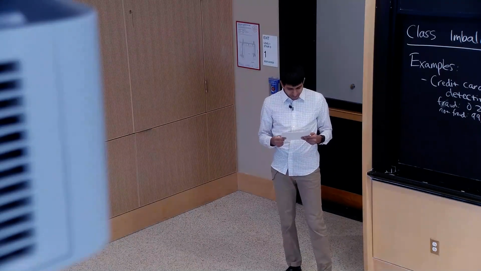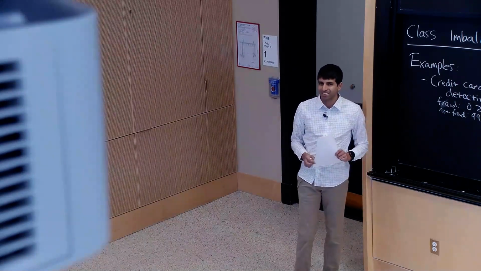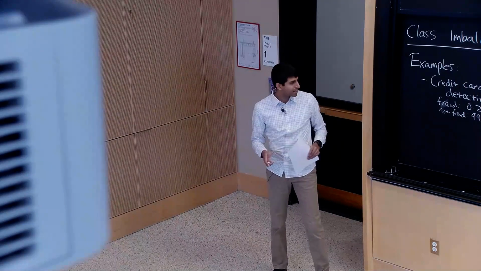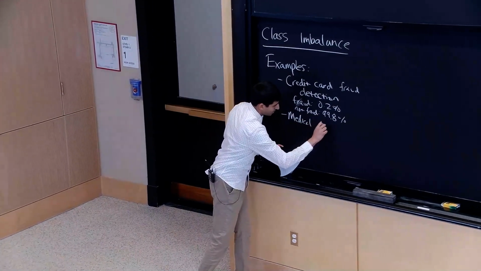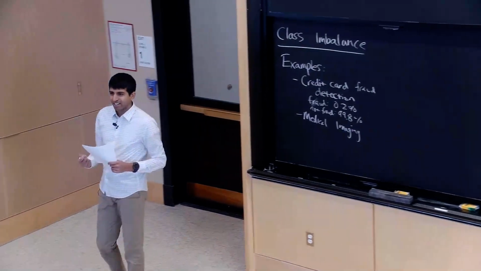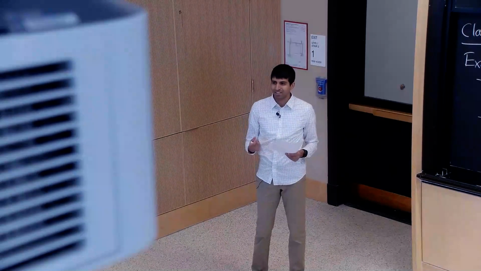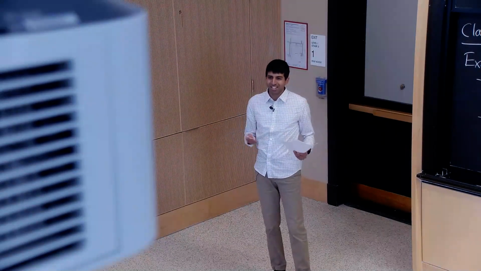So can we come up with one or two more real-world examples, now that we have this one to go off of? Medical imaging, yeah. So I think especially for, say, preventative diagnostics, like say you're just screening everybody in the population to see if they have a certain rare disease, the vast majority of people are not going to have that issue, right?